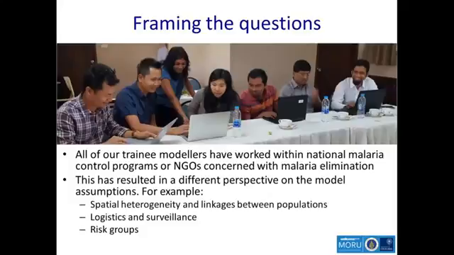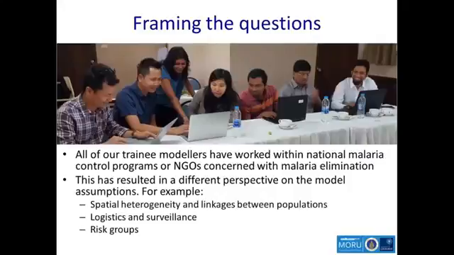So I think that leads me on to my point that it's been really interesting training these new modellers, and because of where we recruited them from, they've had a different perspective on what questions to answer first, and the models that they've developed have been bespoke for their settings, and they've understood the social, logistical and economic challenges of their own countries.